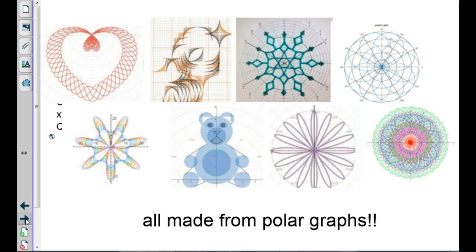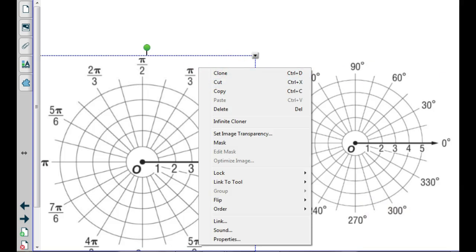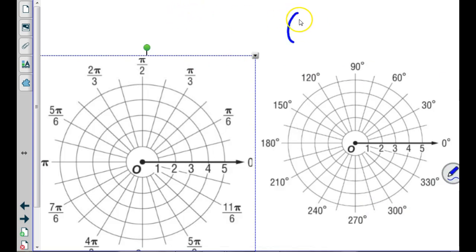So yesterday, review. Somebody who was here yesterday, explain how to plot the point. Let's start with degrees. 4 and 90.